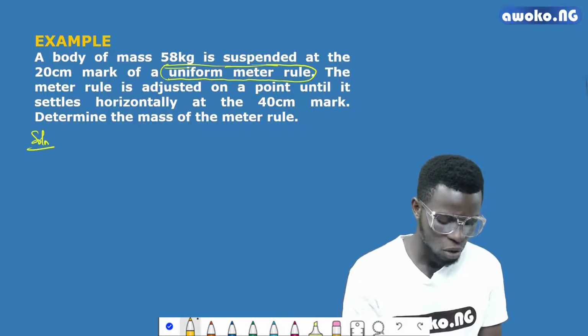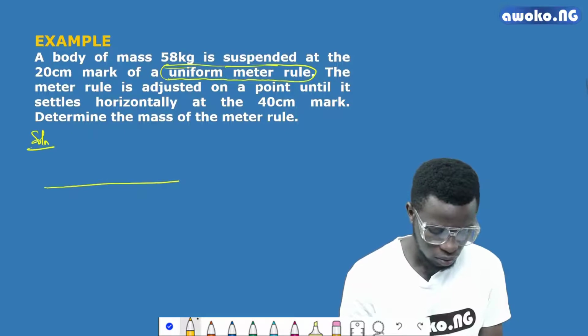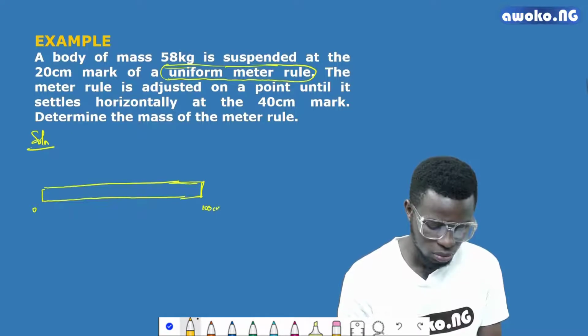Now we have a horizontal meter rule of this form. So this is the horizontal meter rule, and the meter rule has calibration from 0 to 100 centimeters.